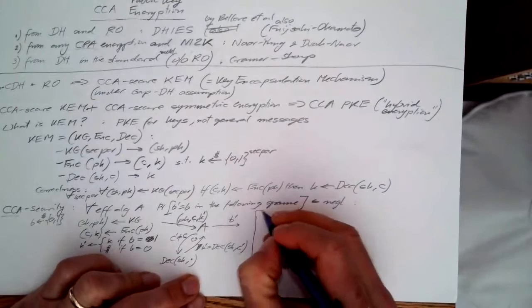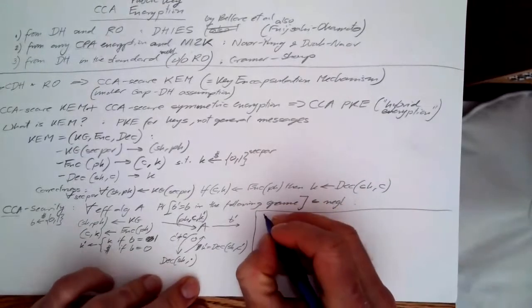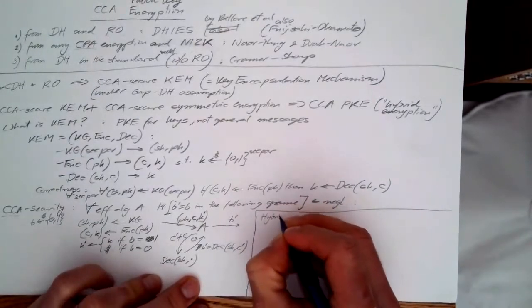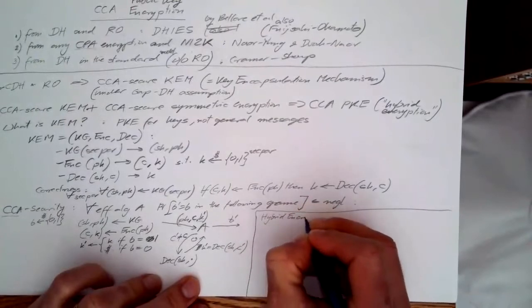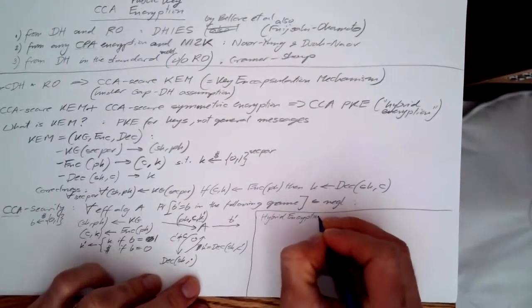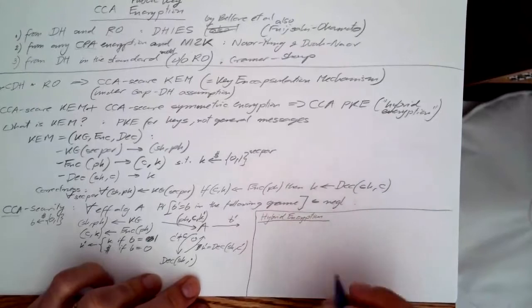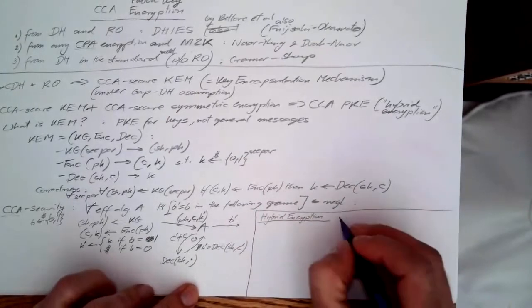So how is this used? Well, here's the hybrid encryption, which is how standard public key encryption is essentially always implemented.